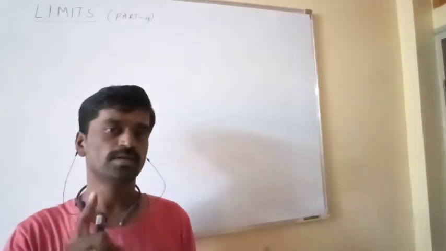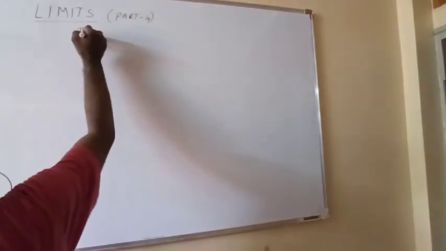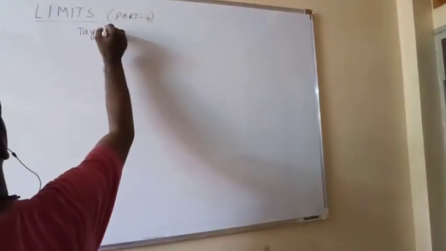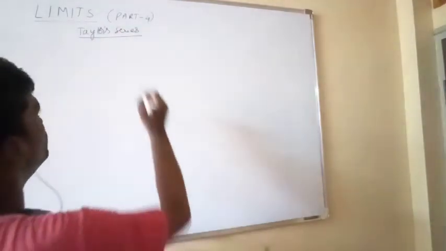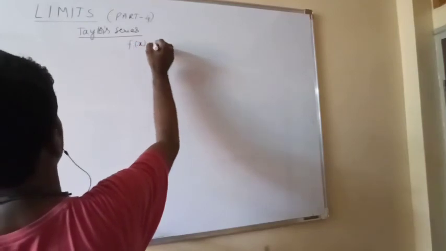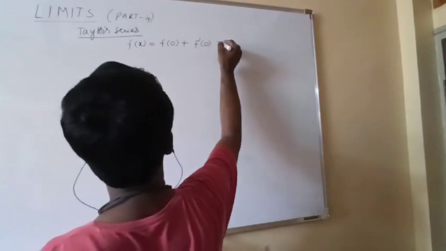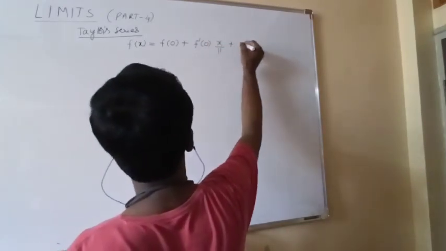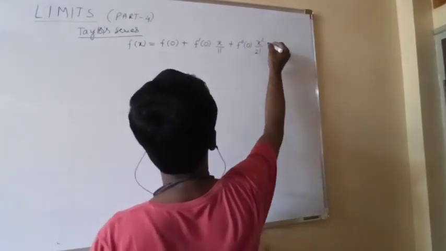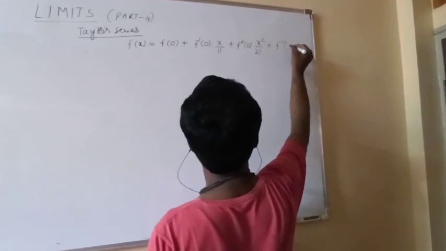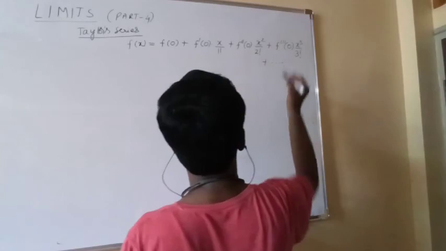You just remember one series, it is called Taylor's series. If f of x is continuously differentiable, then f of x is equal to f of 0 plus f dash of 0 into x by 1 factorial plus f double dash of 0 into x square by 2 factorial plus f triple dash of 0 into x cube by 3 factorial and so on, infinite terms.